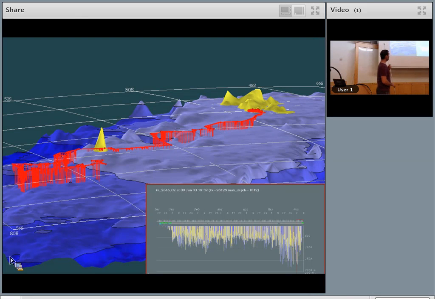So you have here the example of one seal that was instrumented in the Kerguelen Islands, and then going over the Kerguelen Plateau, the northern part of it. And at some point it reached places where you have almost 2,000 meters of depth, and this one was still going to the bottom, probably because that's where he can find his food.